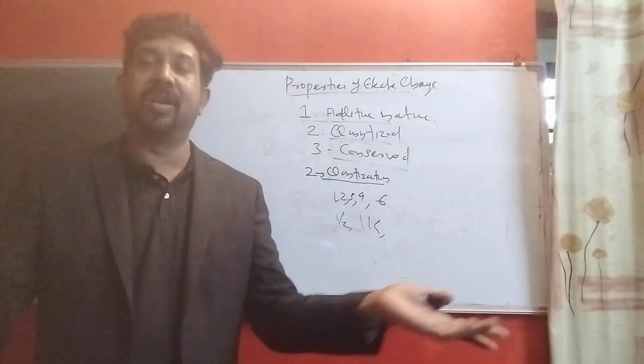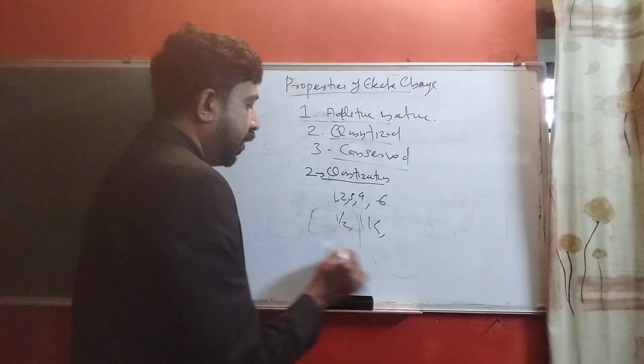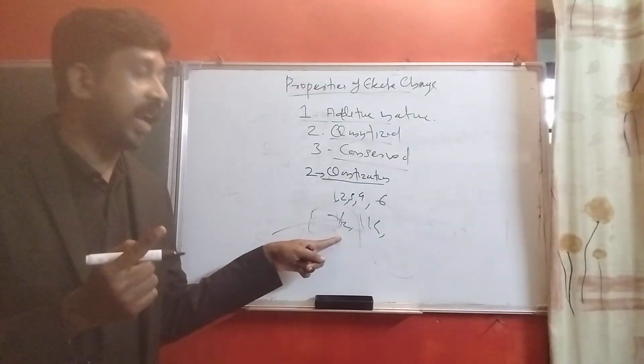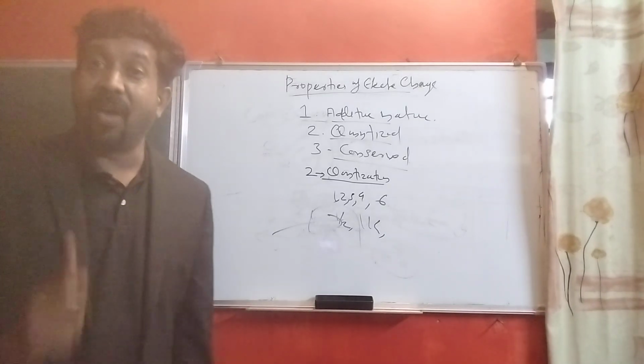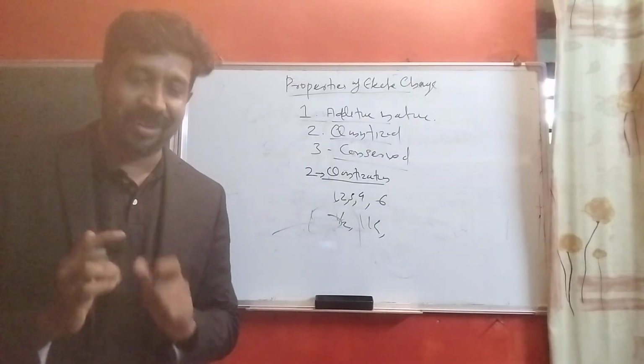Similarly, in football, suppose one team hits the ball inside the post, they get 1 goal. 1.5 goal is not there. 2.5 goal is not there.